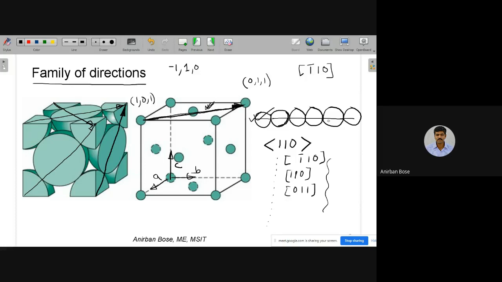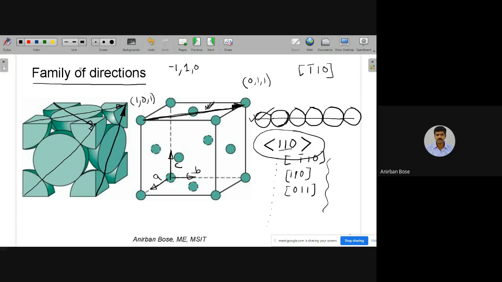Okay, so this is what we mean by the family of directions, and they are represented by the caret. It is not a square bracket, it is not parenthesis, it is within caret that one of the family member is written. Any one of the family member of that family of directions is written. Okay, so in this way we represent family of directions.